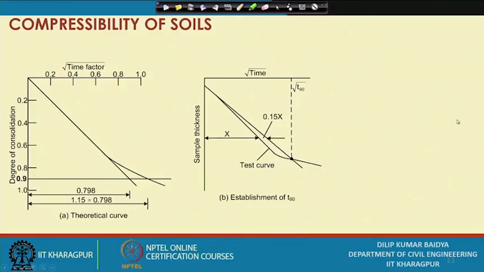This is actually, if I consider this as laboratory data, this side is square root of time and this side is sample thickness. So, from this plot you can read.